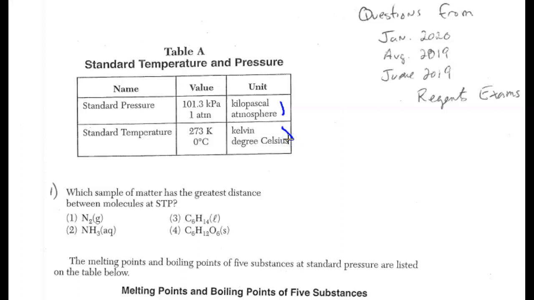So this comes in handy also if you need to convert between one unit and another. In this case, that's not what they were asking in question 1. They were just asking which phase the particles that make up that substance are going to be furthest apart. And of course, that is your gas phase, which is nitrogen, which is answer number 1.